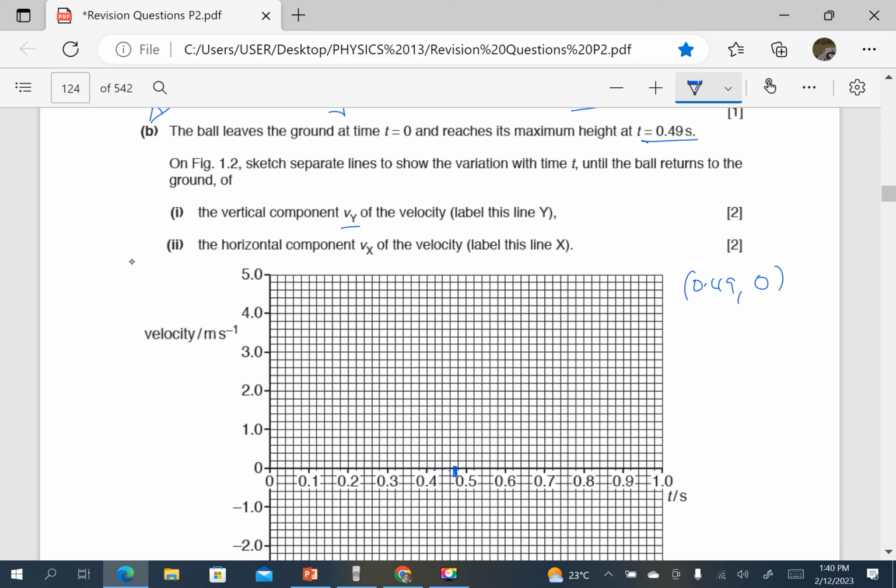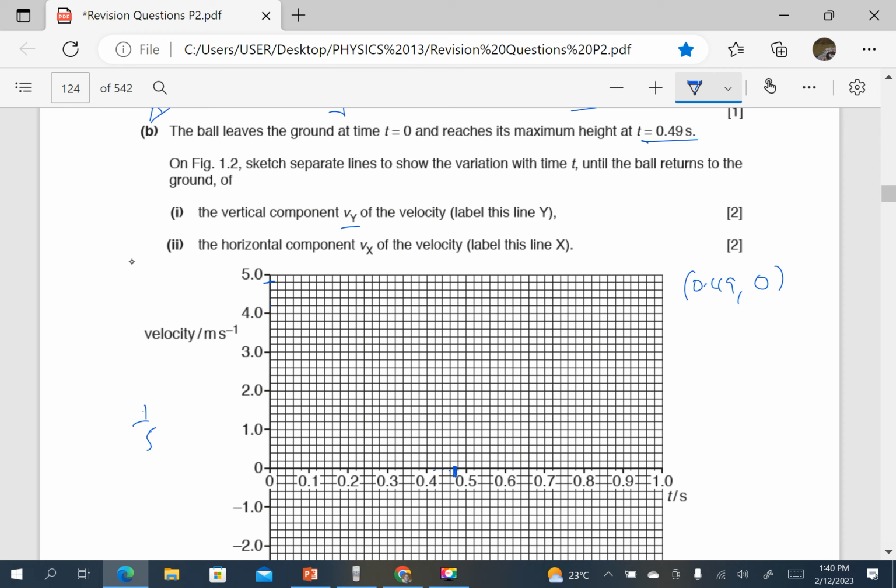Okay. We have the initial velocity in the vertical. The initial velocity in the vertical was 4.8. So our graph starts from 4.8 on the vertical. Each small square is 1 over 5, which is 0.2. 1, 2, 3, 4. So 4.8 is there.